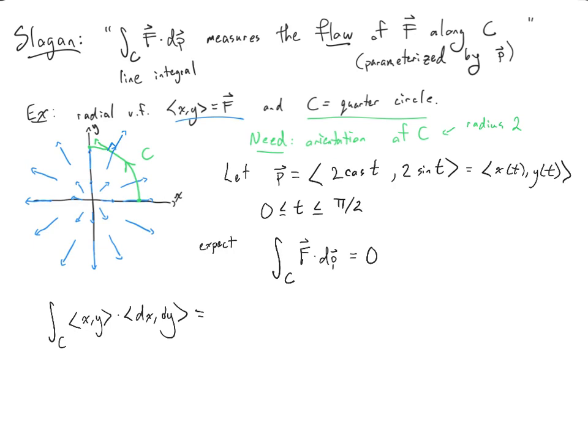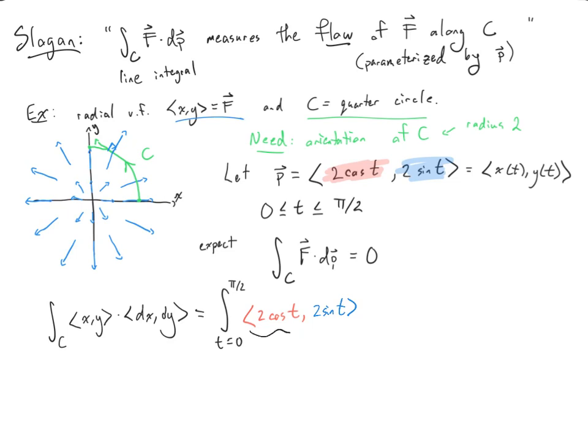So this becomes the integral as t goes from 0 to pi over 2 of the y coordinate of p. So let me color this as I'm filling it in. So my x value is 2 cosine t. My y value is this 2 sine t. So that's now what f looks like when I'm plugging in p for x and y.